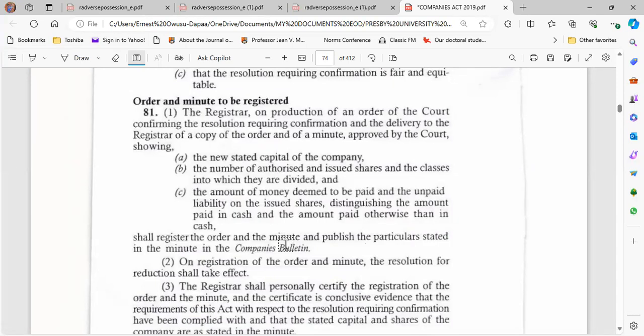So if you look at, I have my repealed Act 179 close by. If we look at Section 78, subsection 1C, it's a similar provision as Section 81, 1C, but instead of the company's bulletin we have in this new law, over there the reference is made to the Gazette.